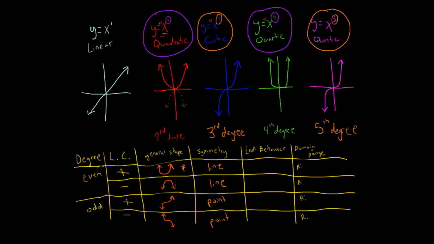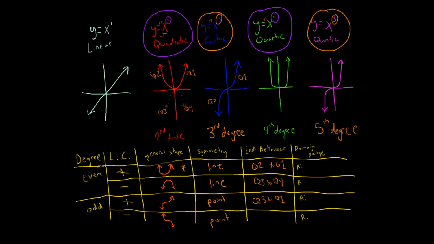So the end behavior of the even degree functions, which is positive, would be from quadrant 2 to quadrant 1, and then the opposite ones would be from 3 to quadrant 4, and then the odd degree ones that are positive would start in quadrant 3 and then end in quadrant 1, quadrant 3 to quadrant 1.